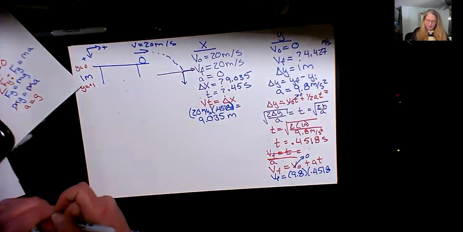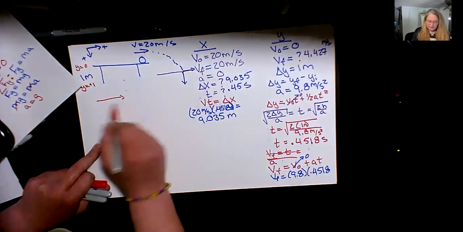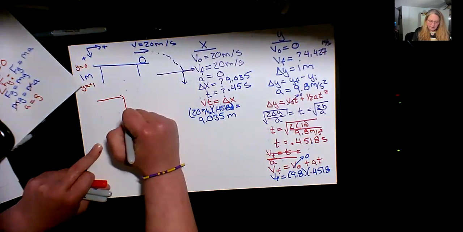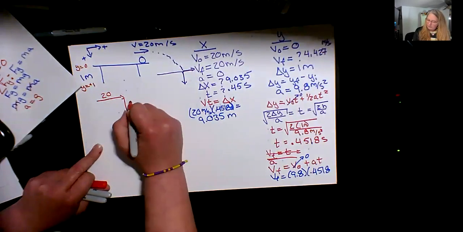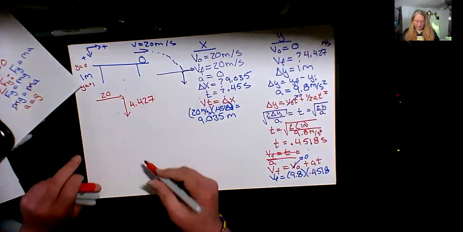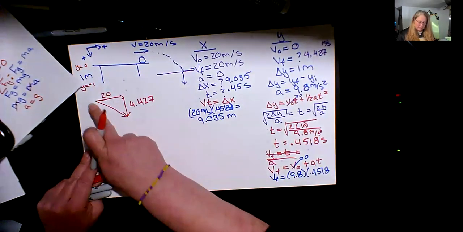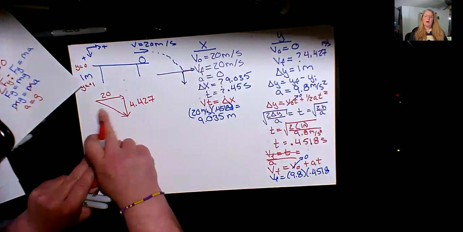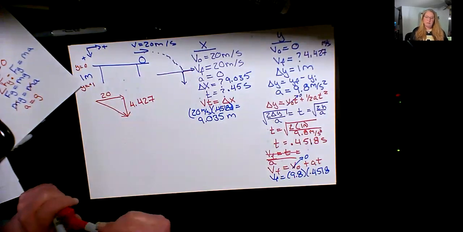I have velocity in the x and velocity in the y. So I can come over here. I can go, here is my velocity in the x. That's supposed to be a straight line. Here's my velocity in the y. Well, this value is 20, and this value is this 4.427. What it's asking me for is this velocity, the resultant, the hypotenuse of this 90-degree triangle that I make with my x and y values.